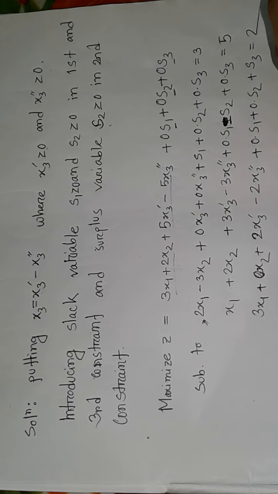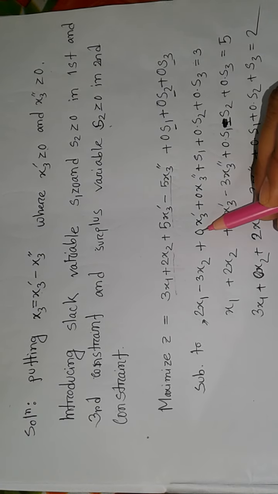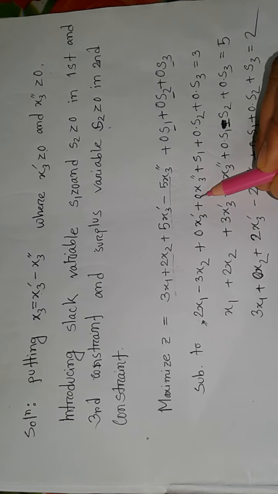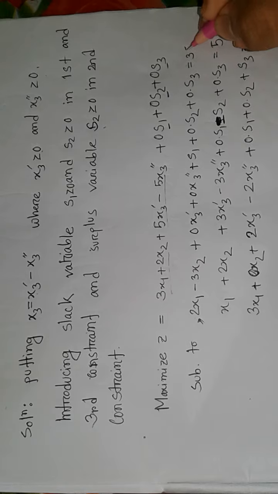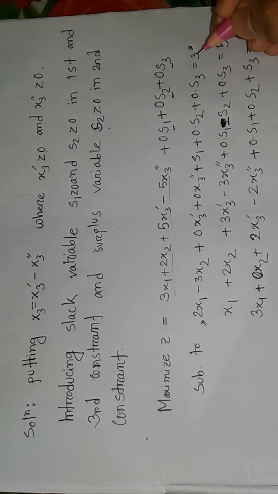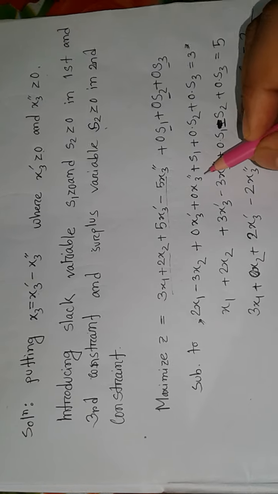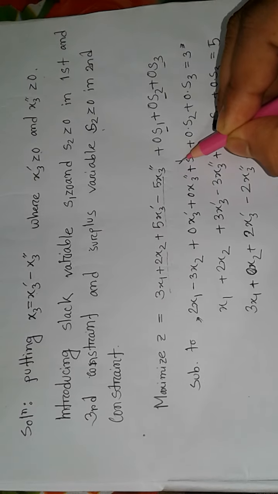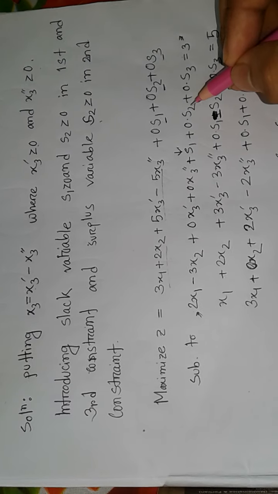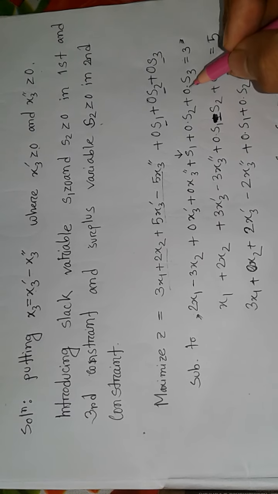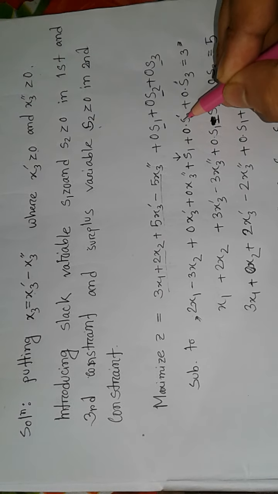As there is no x3 variable, we use 0 x3 dash plus 0 x3 double dash, and in the first constraint, as it is in less than equal form, we use a slack variable and add it to this constraint, and the other two variables are 0.